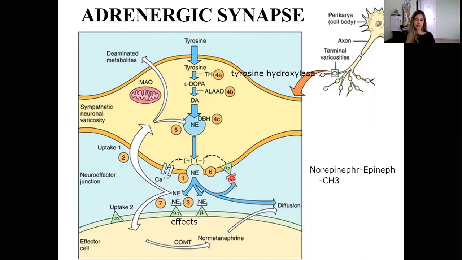If norepinephrine attaches to the alpha-2 receptors of the presynaptic membrane, it will stop the release. You can see the minus, it's the inhibition. So these receptors are responsible for inhibition of the release of norepinephrine. Why do we need that? Because it helps us prevent too much release of norepinephrine. So we can stop it.